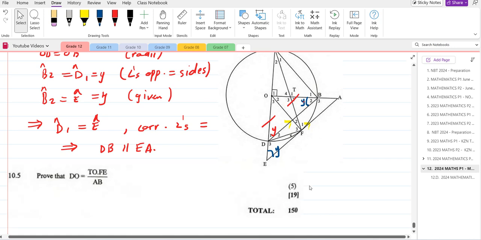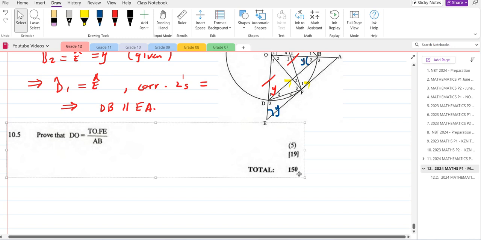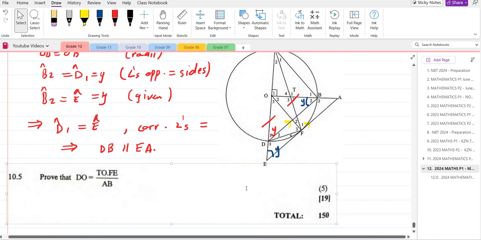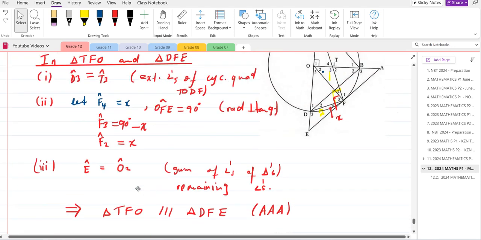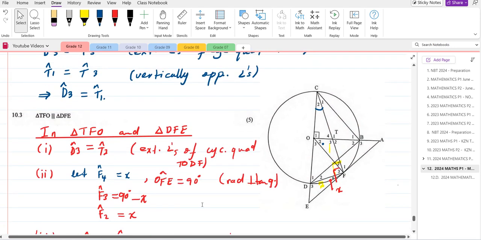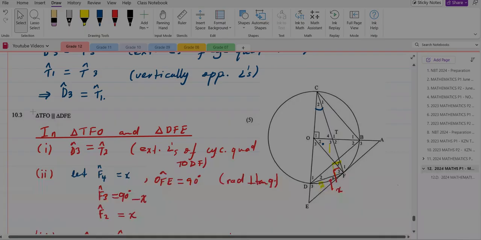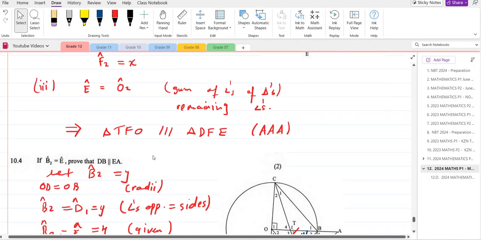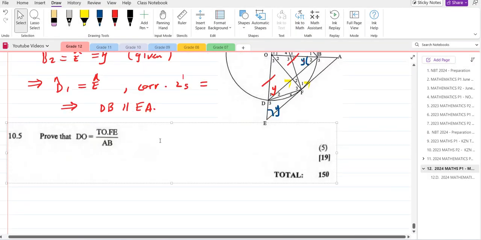Now the last part, last question, guys, come on. Prove that DO is equal to TO times FE over AB. I'm sure we have to use similarity here. So let me just copy this and see what type of similarity we need to use, and then look at the diagram concurrently with this. So let's put this on the side. I've just copied that from the top, right?